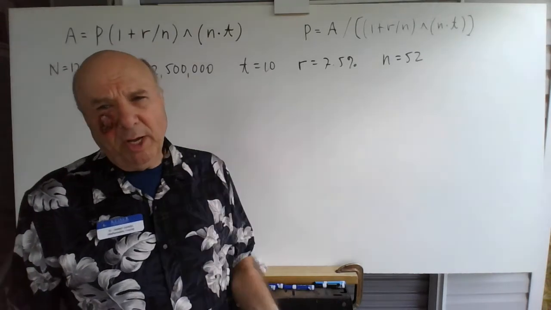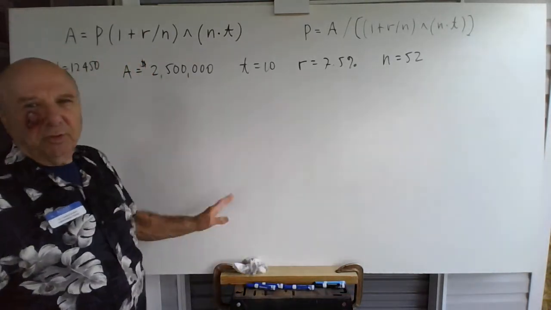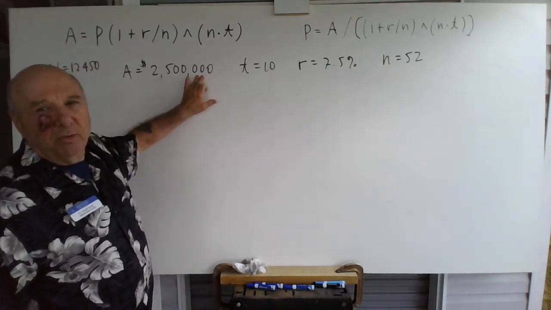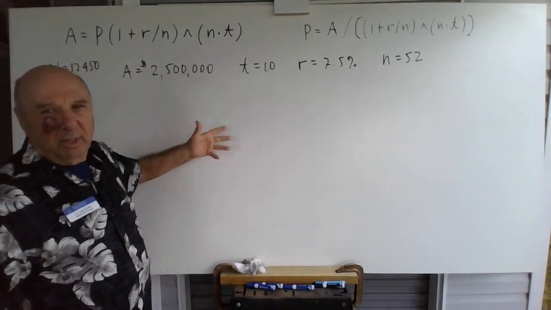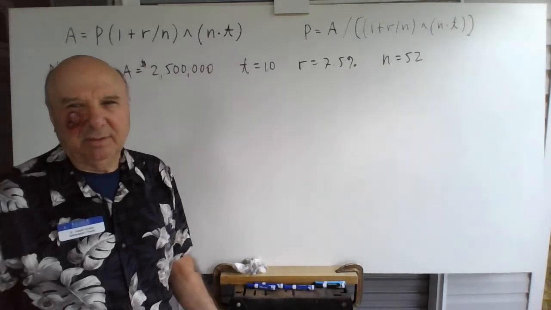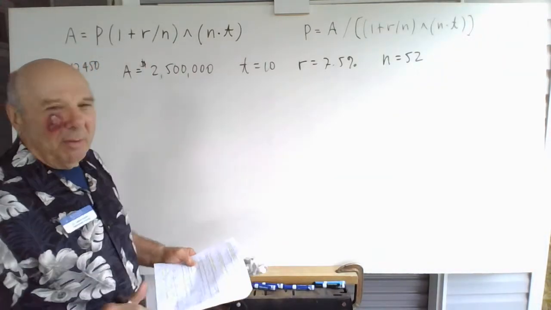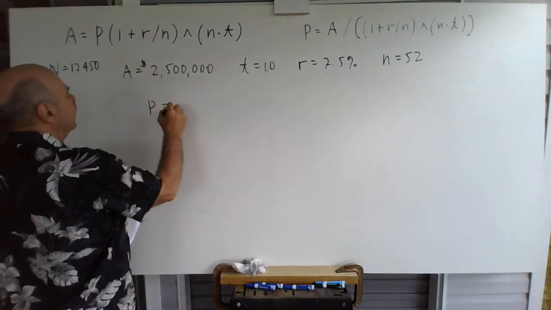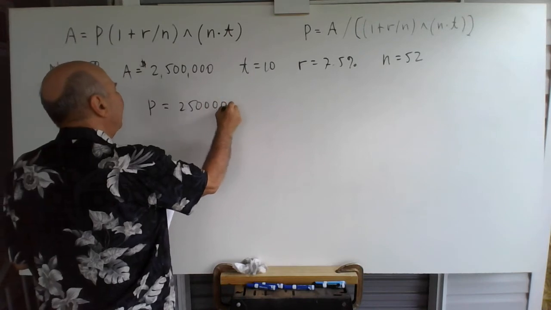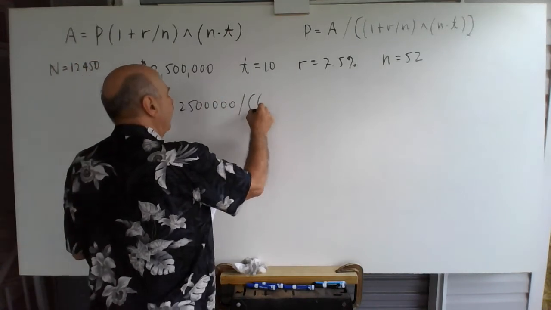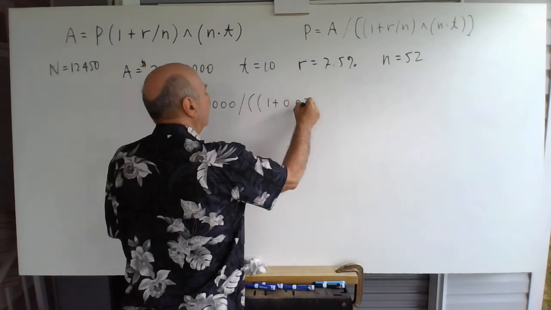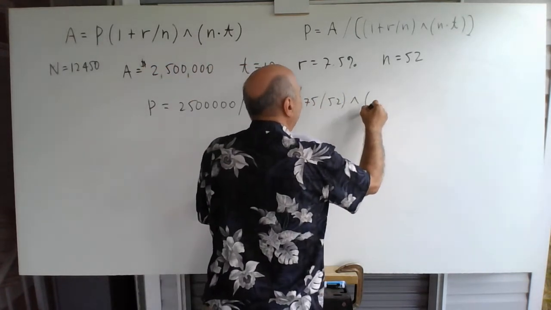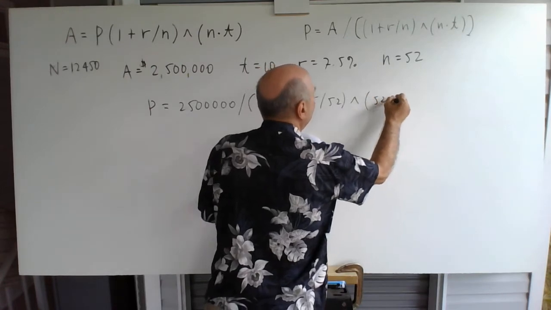So what's the present value to gain the $2.5 million? That's the first step. Because if they needed the money today, it would be $2,000 per person. That's a lot of money to shell out. But if they plan ahead, it reduces the cost. So the present value would be $2,500,000 divided by (1 plus R over N) caret N times T, where N is 52 and T is 10.